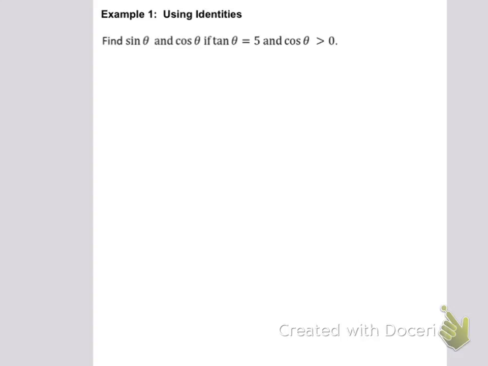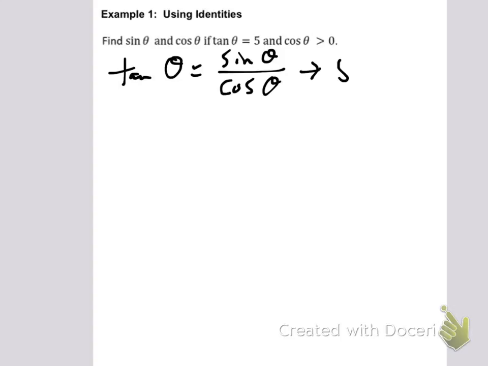Okay, so we understand that the tangent of theta equals sine over cosine, and as a result, 5 equals sine theta over cosine theta, because the tangent of theta equals 5.